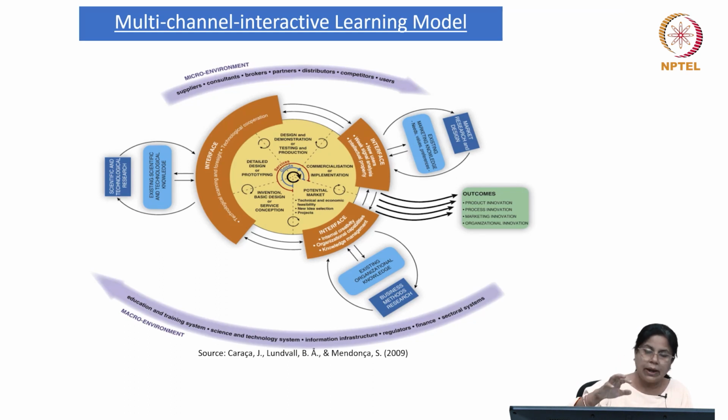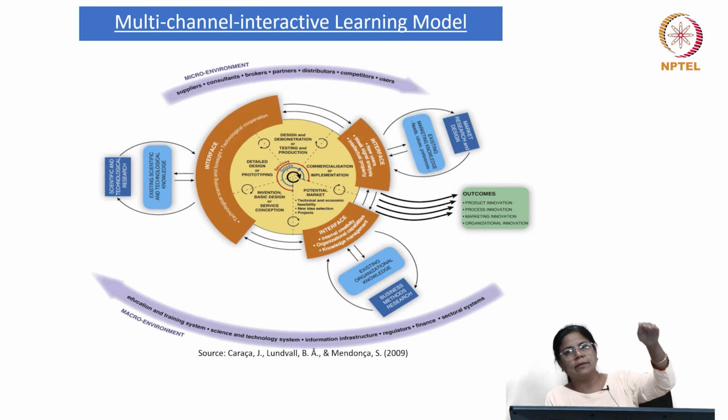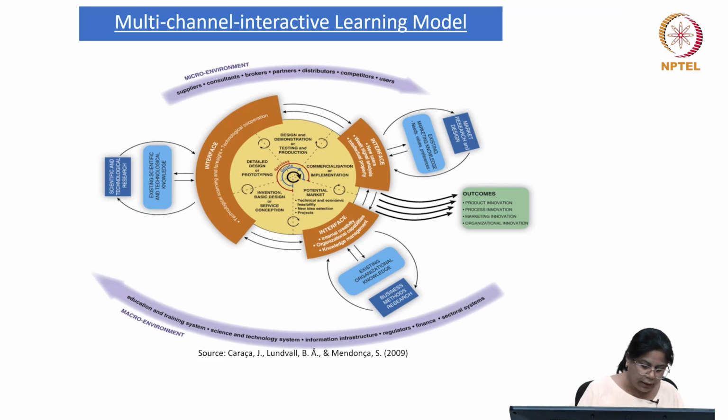Apart from that, if you look at the model itself, the chain is coiled over itself, so it is made circular in nature, and the basic idea behind it is that you want to understand the dynamics of the learning process. The dynamics of the learning process are being integrated, and they do not want to discriminate in terms of where the first step happens.